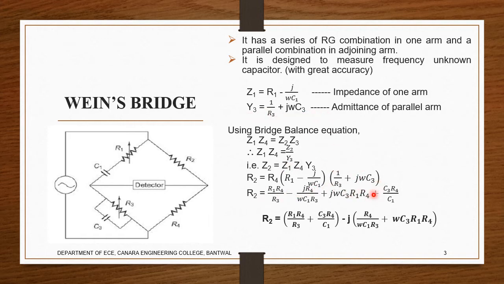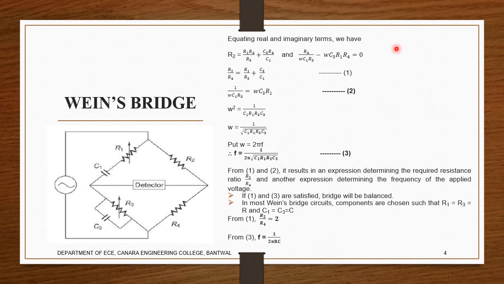Simplify the terms, where we get R2 is equal to R1 R4 divided by R3 plus C3 R4 divided by C1, minus j into R4 divided by omega C1 R3 plus omega C3 R1 R4. It is a bit of a lengthy equation. After you derive it, we have to separate it into a real part and an imaginary part. Then you can compare the real and imaginary parts.